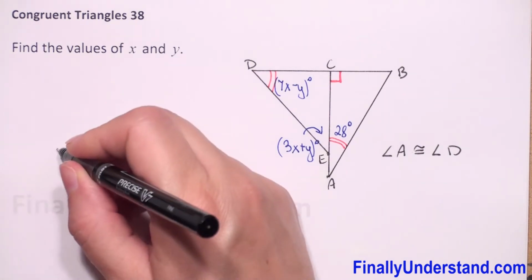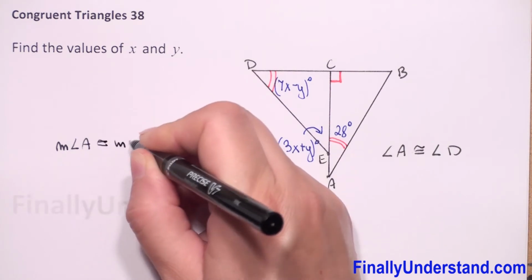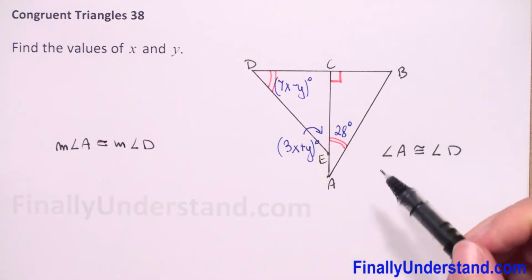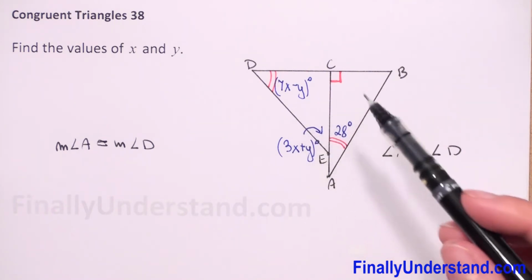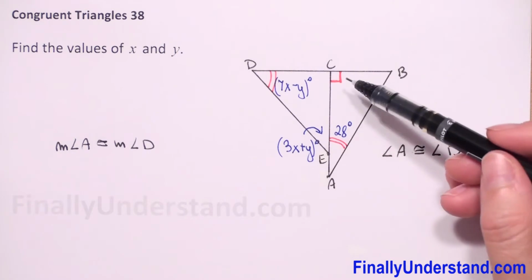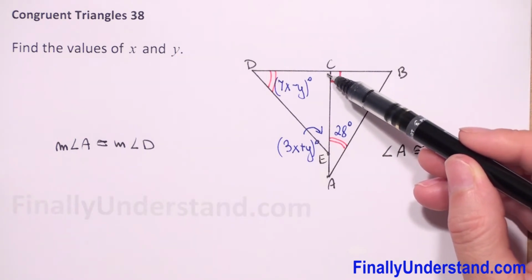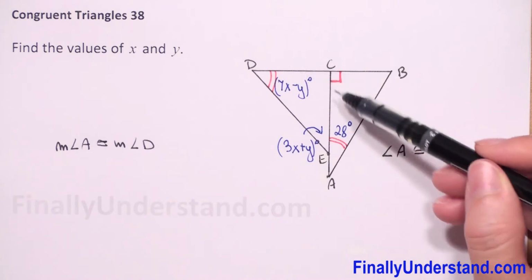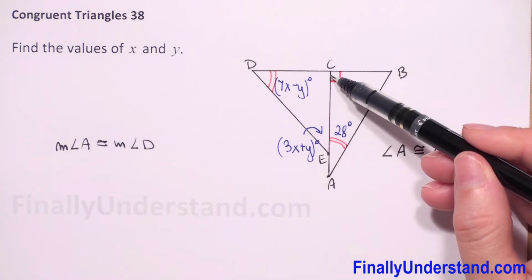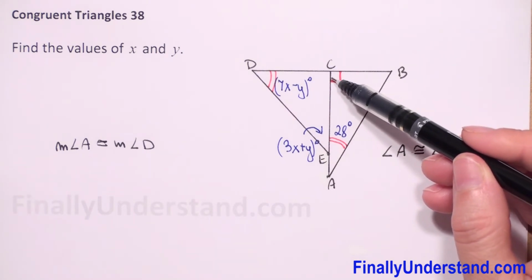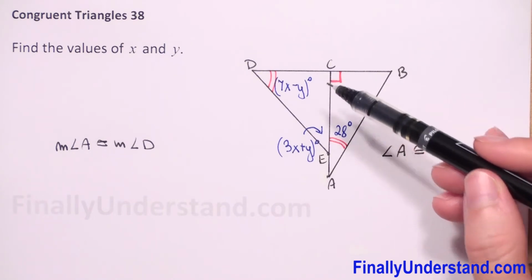Let me write this. We have measure of angle A is equal to measure of angle D. What else? Because we have two unknowns, x and y, we need one more equation. Because here we have a right angle, angle ECD is a supplementary angle, so this angle will have 90 degrees too.